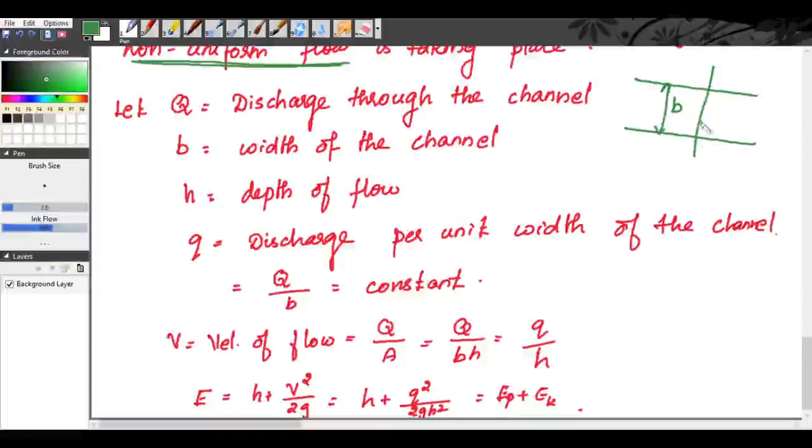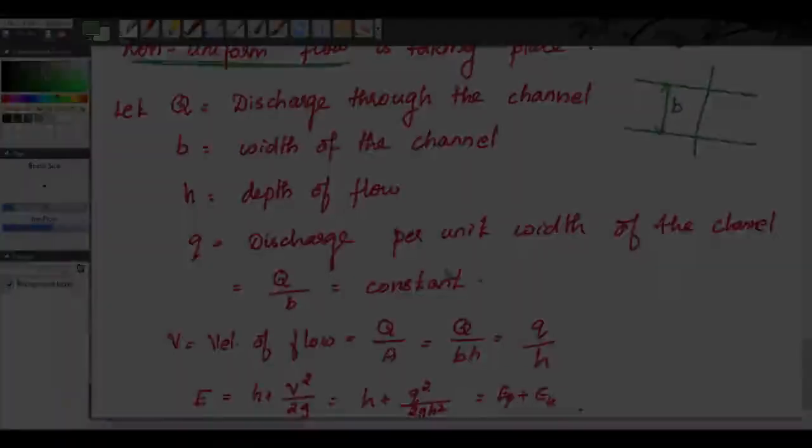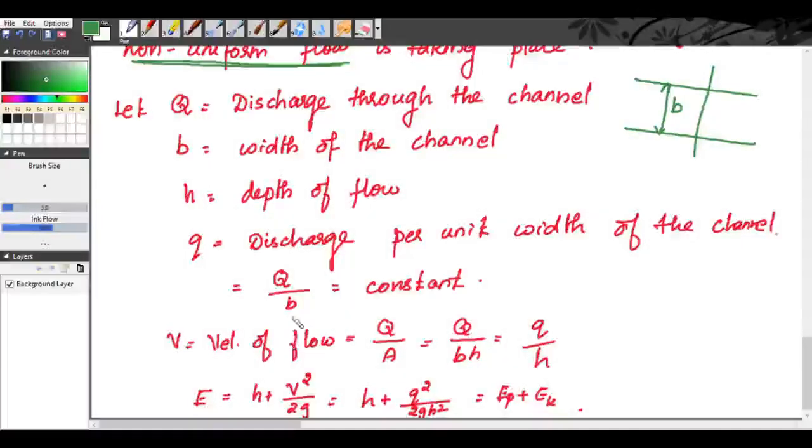Now, V is the velocity of flow. We know velocity is equal to discharge divided by the cross-sectional area of the channel. So V is equal to Q by A, where the area is B into H, width into depth of flow.